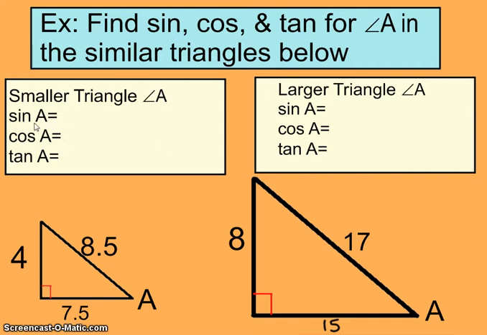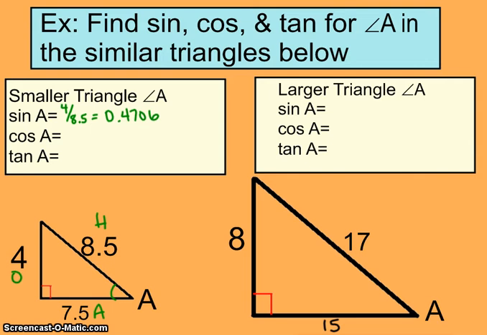Now remember that sine of A, so we're going to start with A. Hypotenuse is 8.5 because it's across from 90. The side that touches angle A is adjacent, and the side directly across is my opposite. So sine is opposite over hypotenuse, or 4 over 8.5, which as a decimal is 0.4706. Remember in the beginning I told you that we needed to round to 4 decimal places.